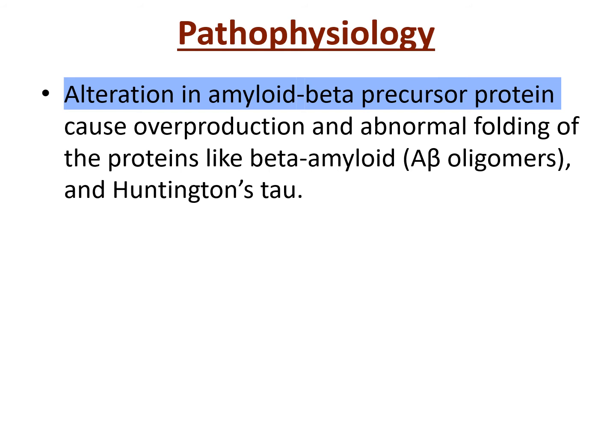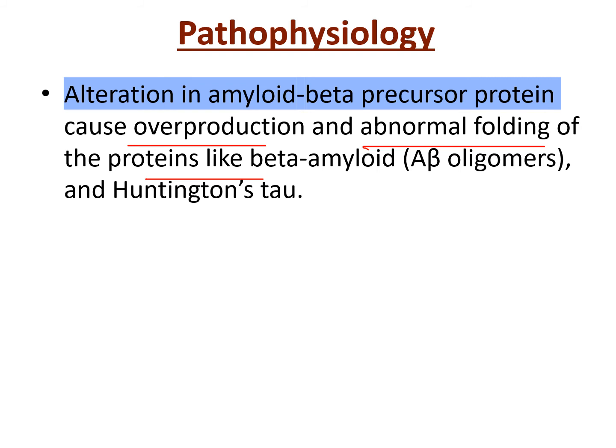Alteration in amyloid beta precursor protein causes overproduction and abnormal folding of proteins like beta amyloid and tau. So these proteins are involved in this disease, and when any alteration occurs in these proteins, that leads to Alzheimer's disease.